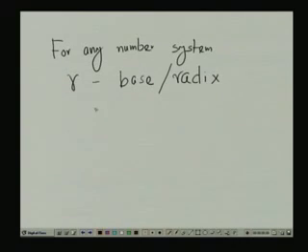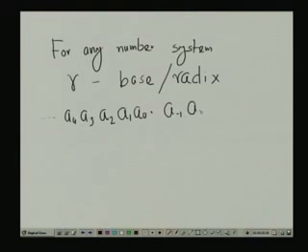So, say I have one number in that number system whose base is R, with digits A0, A1, A2, A3, A4 and so on, and after the decimal point it has some A minus 1, A minus 2, etc.